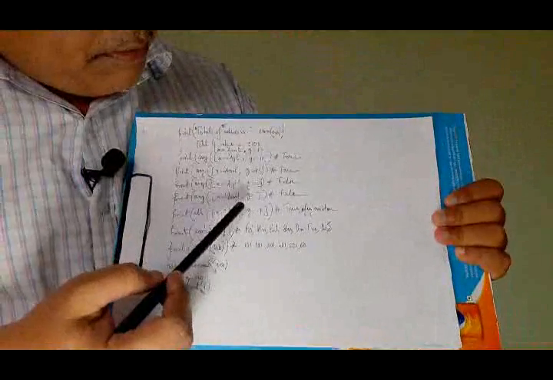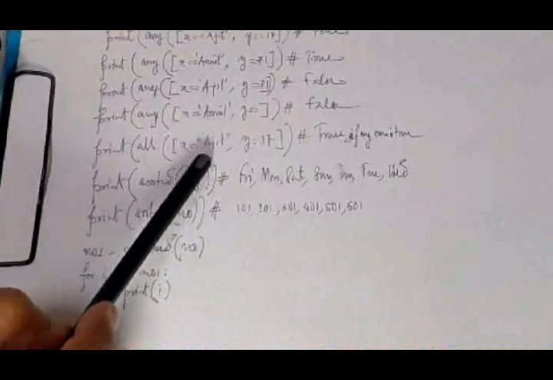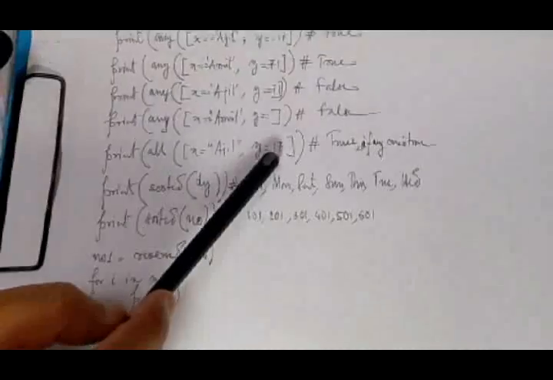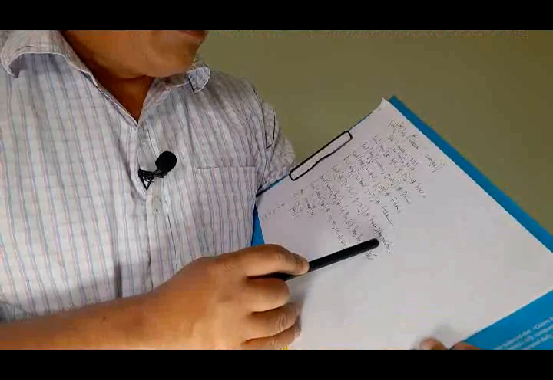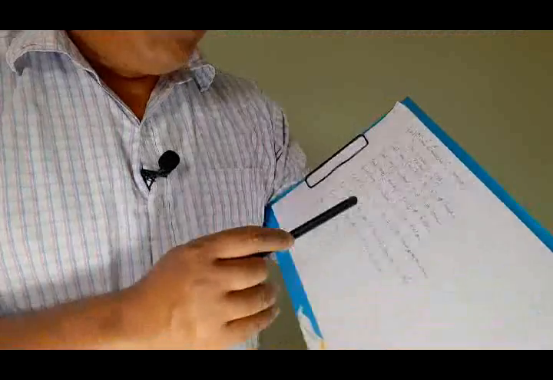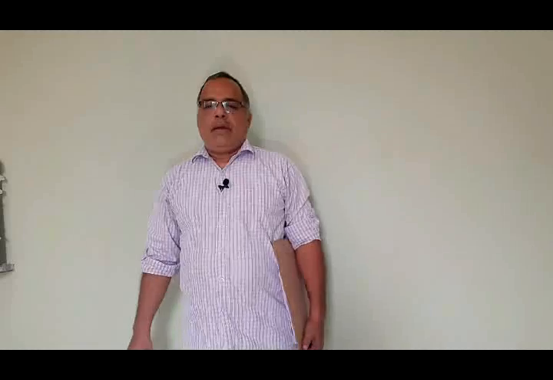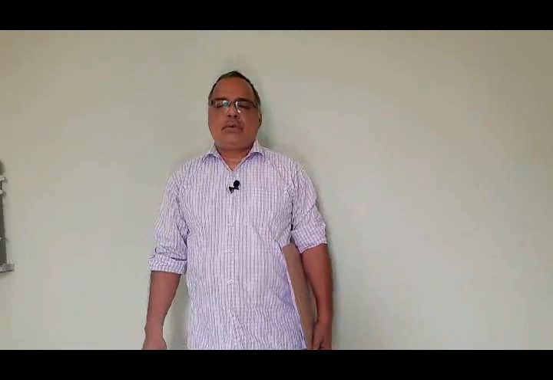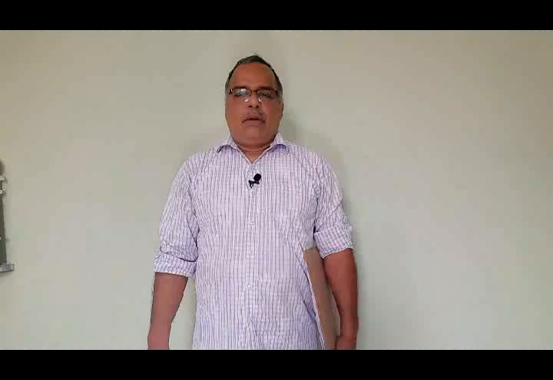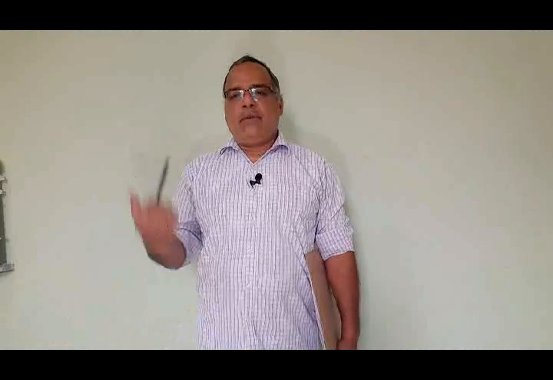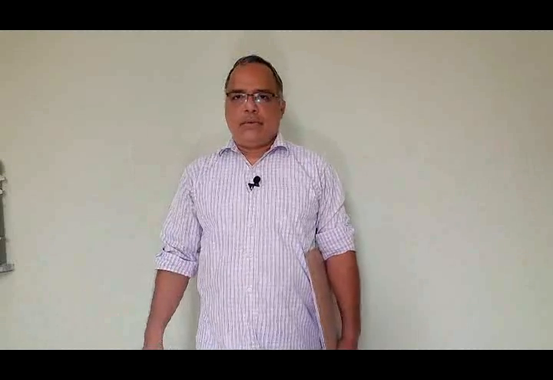It is almost the same. X is Ajit, y is 17. It checks what? Whether any one is true or not. If any one condition is true, then it will return true. Out of 5 conditions, if only one is true, it will return true.